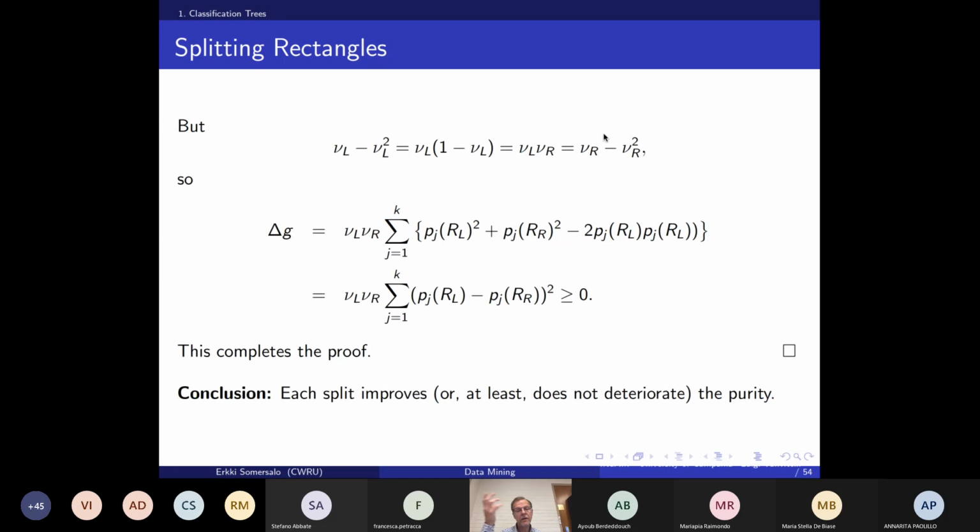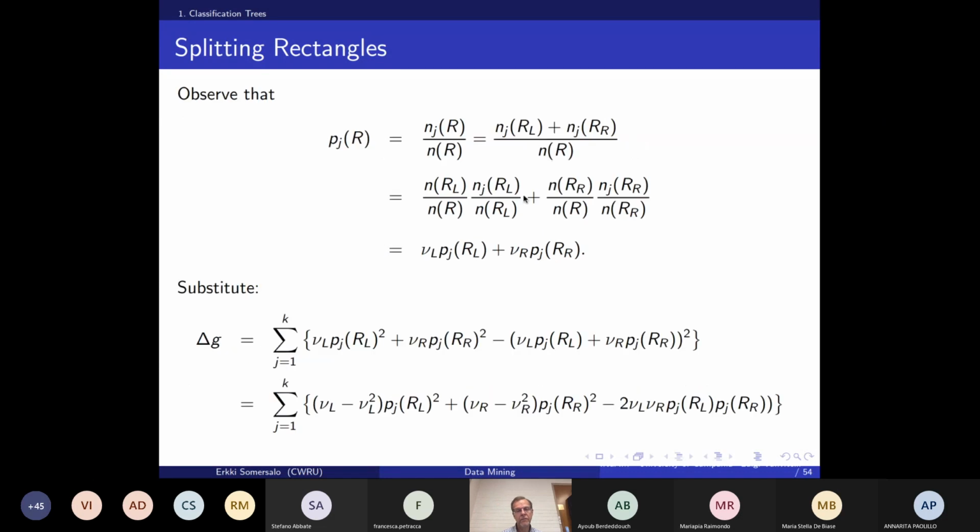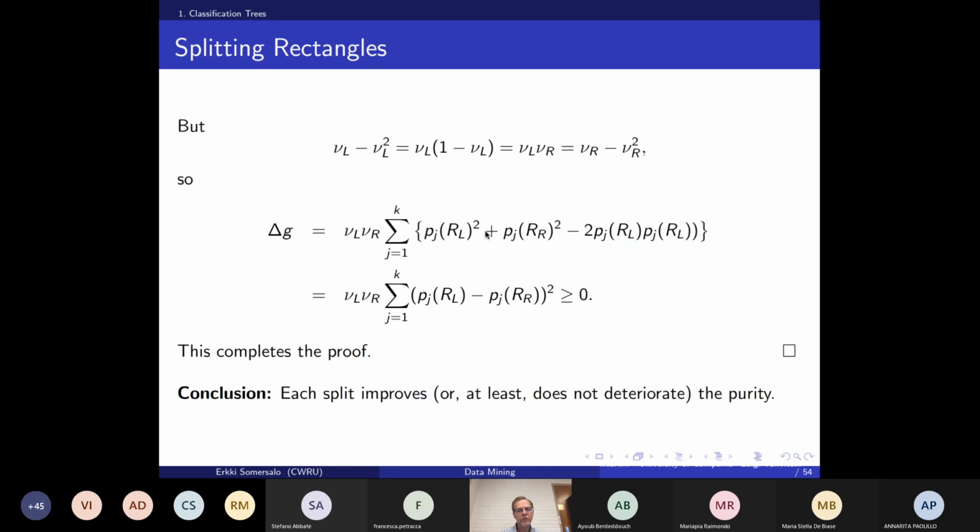And so therefore in my formula on the previous page, you can replace this expression here in parentheses by this nu L nu R product. And same thing here. And so all these three terms have a common factor nu L nu R, which I can take as a common factor and pull out from the summation.